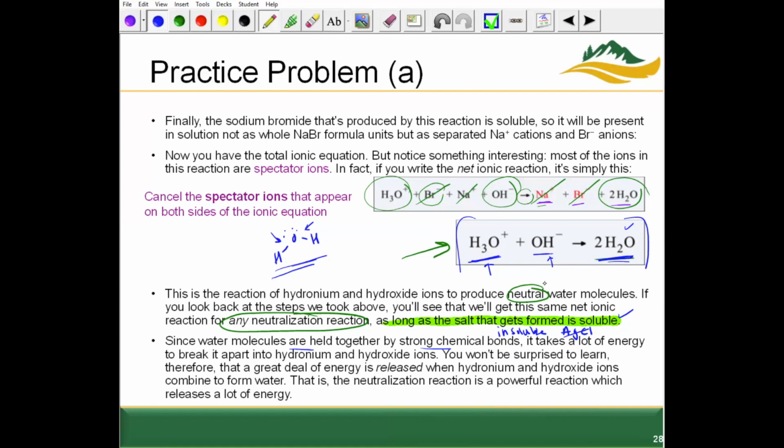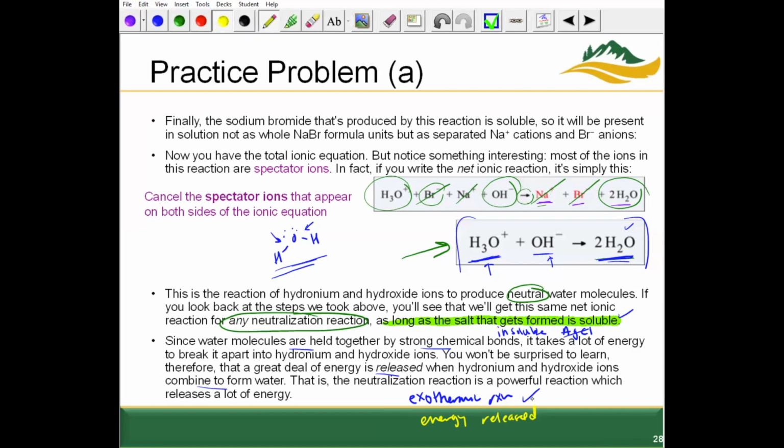Because water is a more stable form of these ions, a lot of energy is released when these ions combine together to form water. When a lot of energy is released, and we'll see this a lot more in our thermodynamics chapter, chapter 6, this becomes an exothermic reaction, where energy is released.